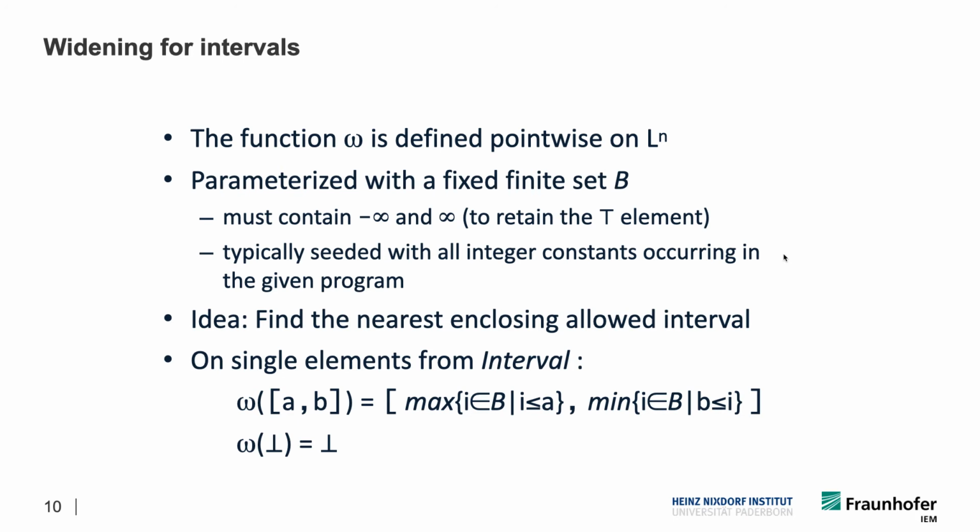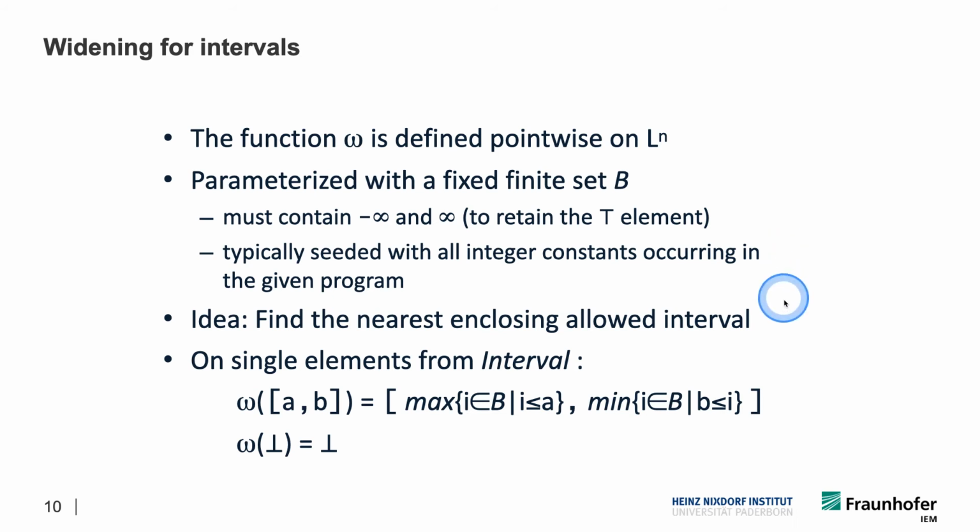If you seed it this way, it basically means that you are allowed to define integer intervals that border the constants that are actually occurring in your program. And because the constants occur in the program, it's very likely, right, that they form bounds of such intervals. So this can be a sensible choice.